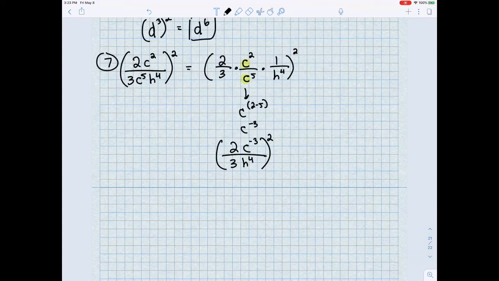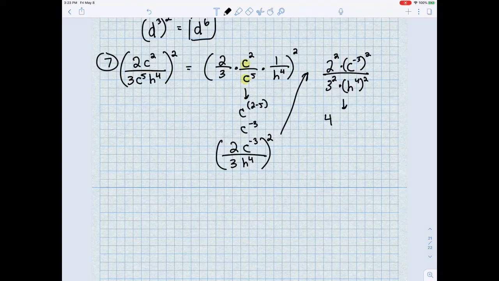Now what I can do is square everything. So I'm going to move back up here. So I can go 2 to the second power times c to the negative 3 to the second power over 3 to the second power times h to the 4th times the second power. And now we just simplify. So moving along, 2 to the second power is 4.